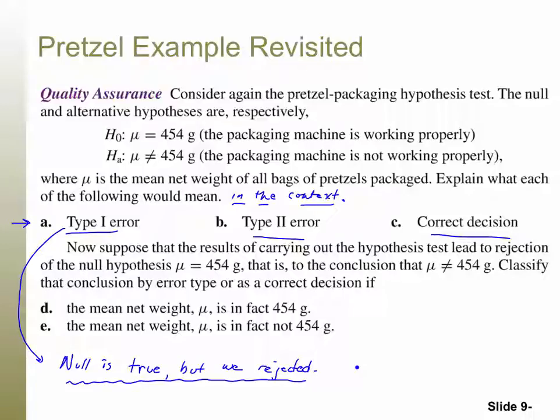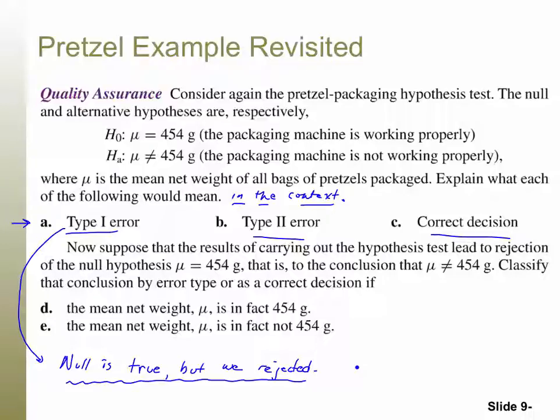Okay, so the mean weight of bags was rejected wrongly. So what does that mean? That the machine is correctly dispensing 454 grams of pretzels. Right, when we think it's not doing that. So the machine is doing its job according to our null hypothesis, but we said it's not. We said the machine is faulty. That would be type 1 error.